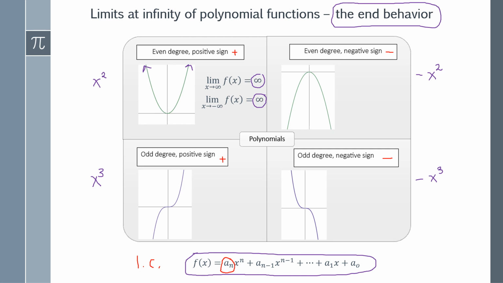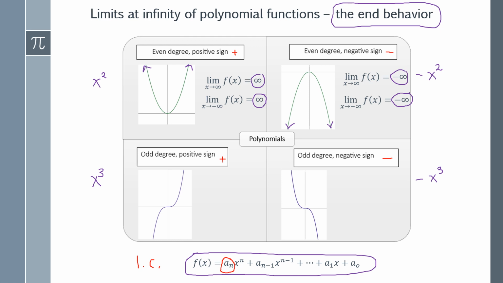Okay, what about even degree, negative sign? We have the following. Look, both of the branches are going down. So as x goes to infinity, the limit is equal to negative infinity. As x goes to negative infinity, the limit is also negative infinity. Okay?